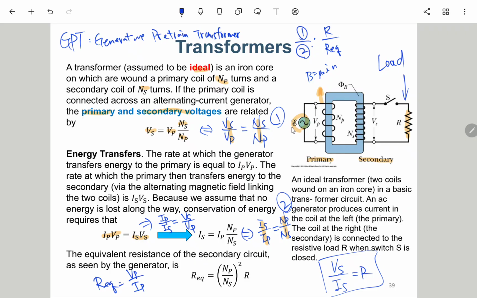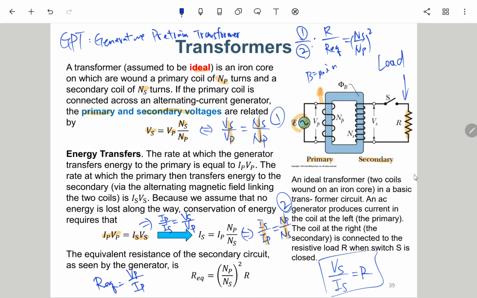Okay, so here we have Ns over Np, whole square. After dividing this, we move Req to the other side, and also move this to the left side. So it turns out to be Np over Ns whole square multiplied by R will be R equivalent.